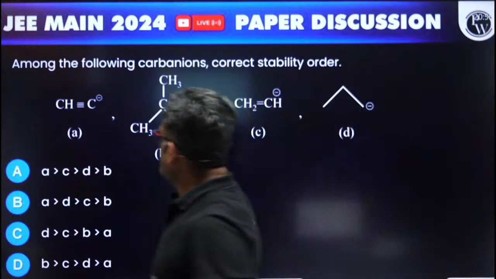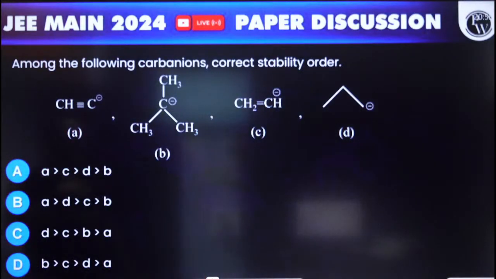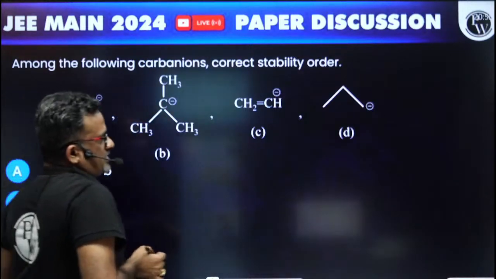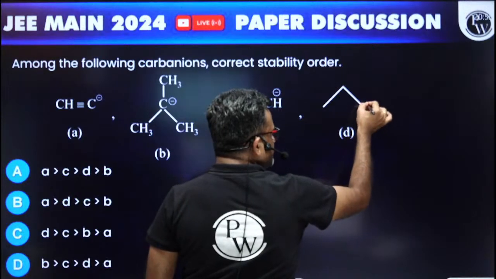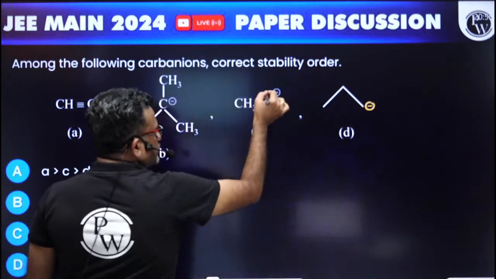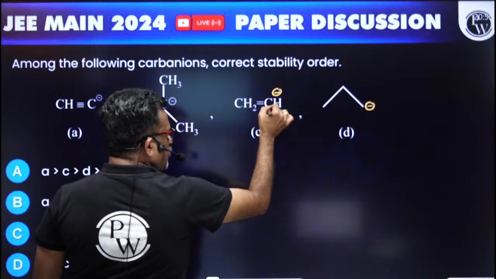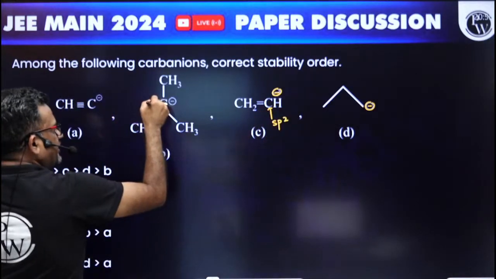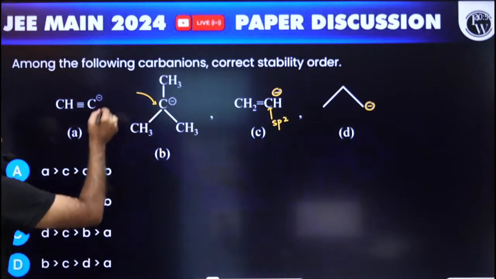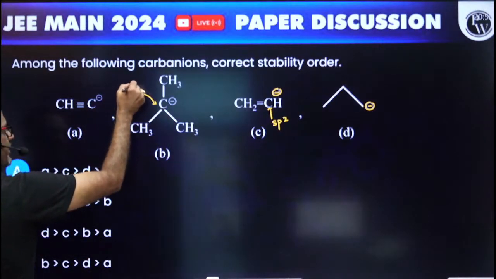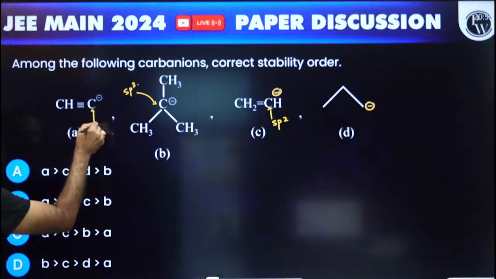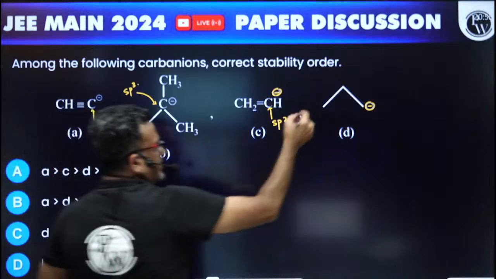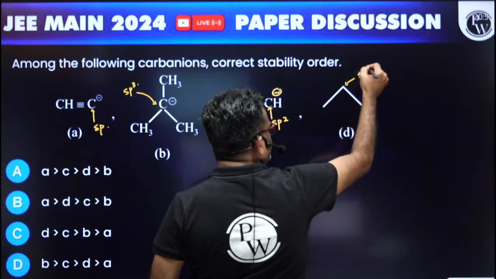Next, among the following carbanions, the correct stability order. In the carbanion, there is electron density on this carbon, so there is a negative charge. This carbon is sp2 hybridized, this carbon is sp3 hybridized, whereas this carbon is sp hybridized, and this carbon is again sp3 hybridized.